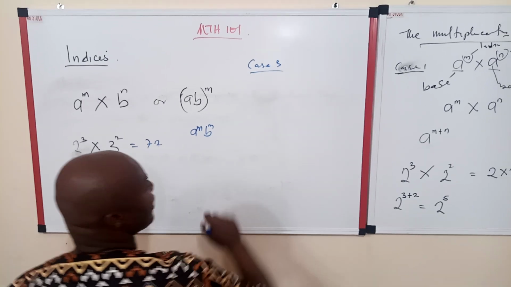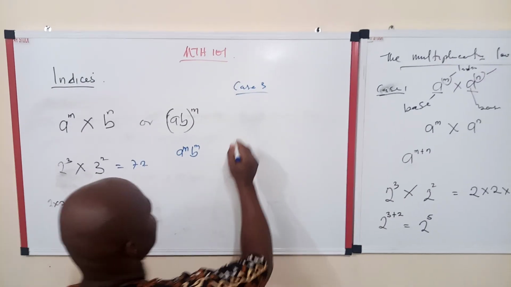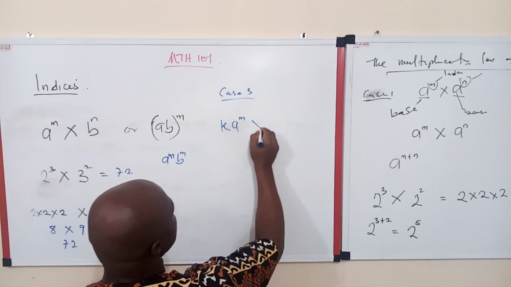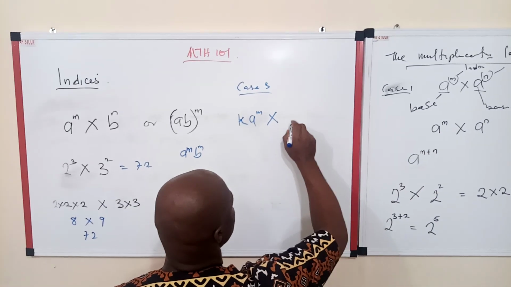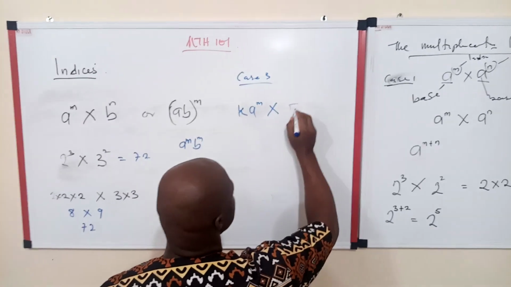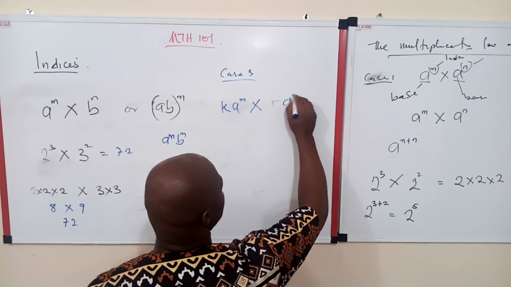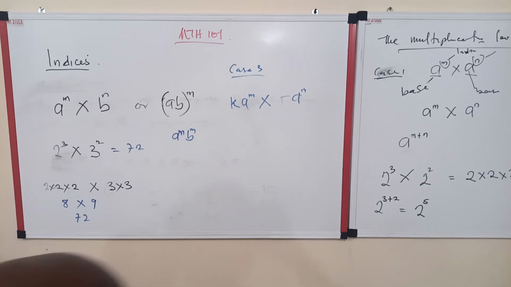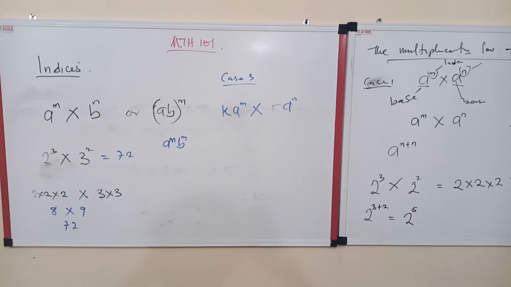Now the next one I want us to consider is case 3. Case 3 will be, in the indices, we have a coefficient, say k times a raised to power m times, note that we are dealing with the multiplication law of indices, r times a raised to power n. In the initial cases, the coefficients are just 1.